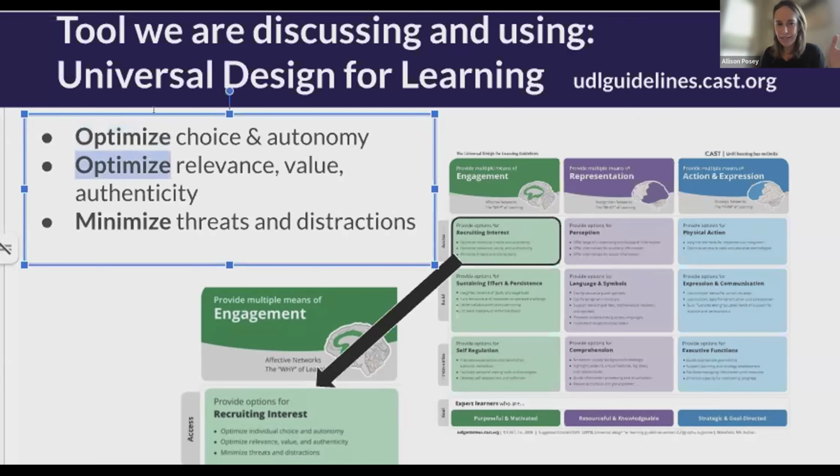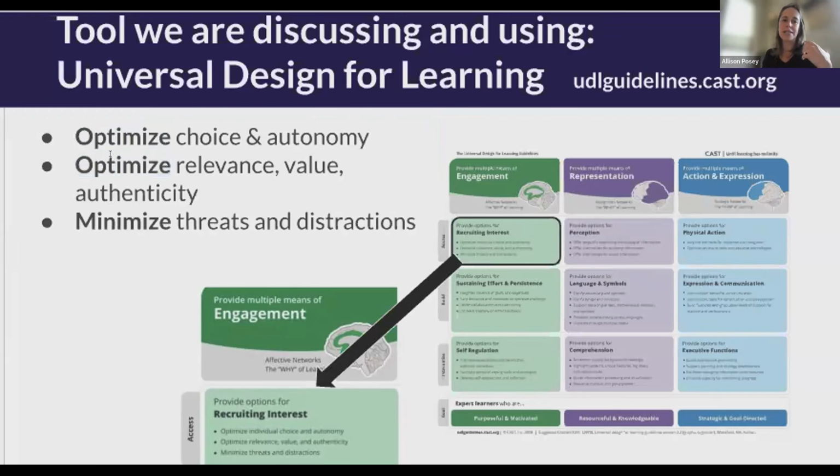It occurs twice in just this one UDL guideline of recruiting interest: optimizing choice, and optimizing relevance, value, and authenticity. And I love this word optimize because it's not just about giving choice. A huge misconception about UDL is, oh, don't worry, I do UDL, I give my students choice. And whenever I hear that, I'm like, well, that's not really UDL. That's giving choice.